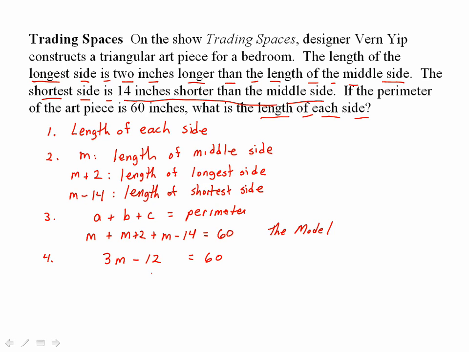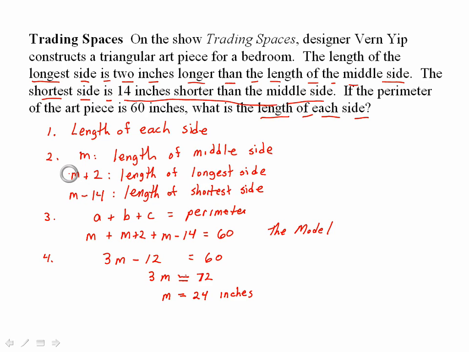Add 12 to both sides of the equation, and you get that 3M equals 72. Divide both sides of the equation by 3, and you get that M equals 24. And that's measured in inches. So the length of the middle side is 24 inches.